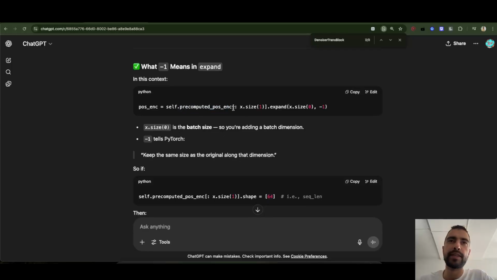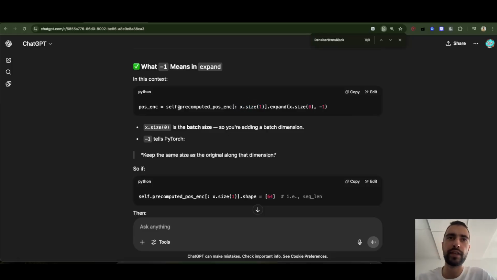We take the whole vector from the beginning to the end. So x size is going to be 64 in this case. x0 is the batch size. x1 is going to be the sequence length of x, so the second dimension of x is sequence length. It's going to be 64, whatever.